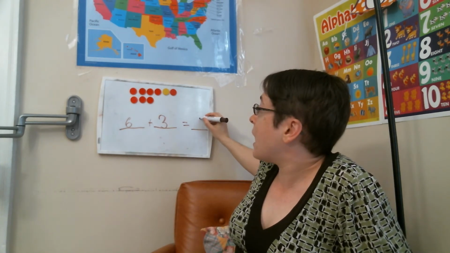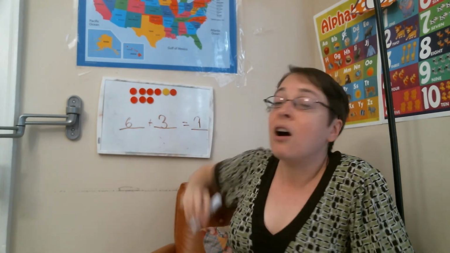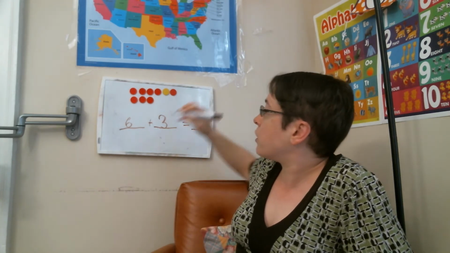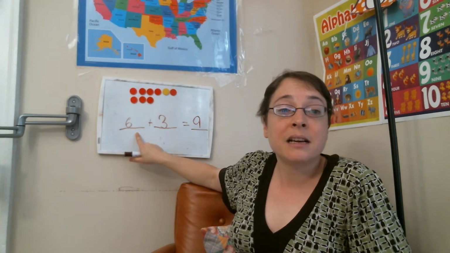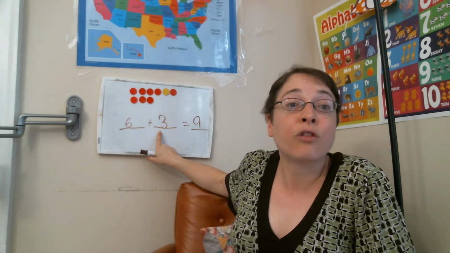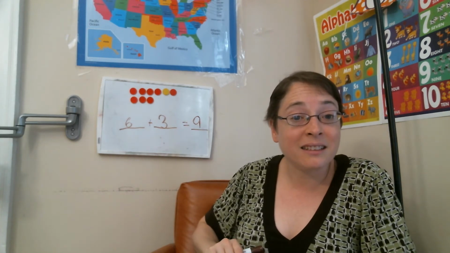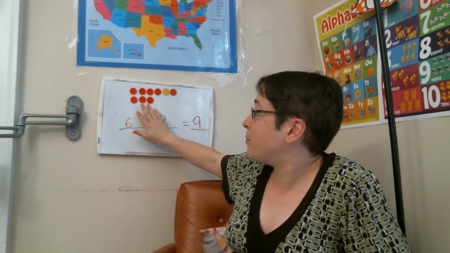There are 9 bears all together. Write that 9. There you go. 6 plus 3 equals 9. Very good. All right.